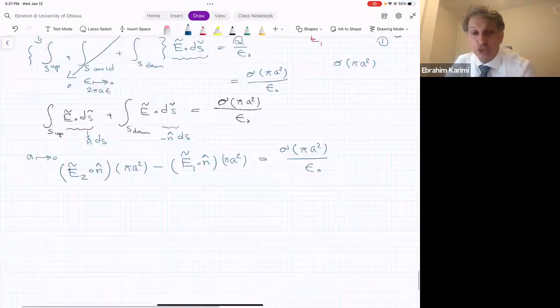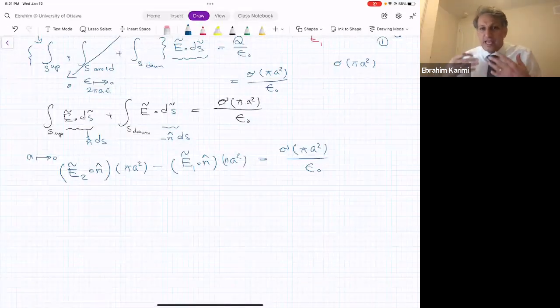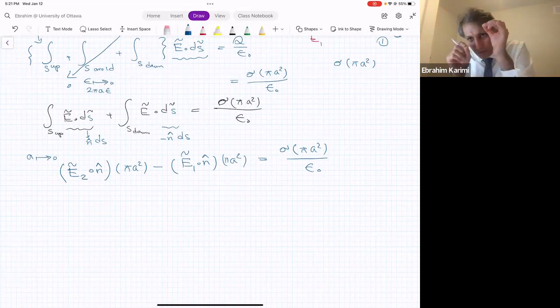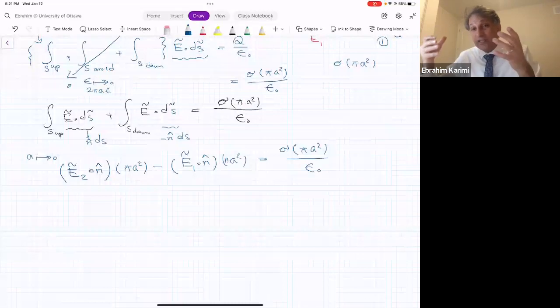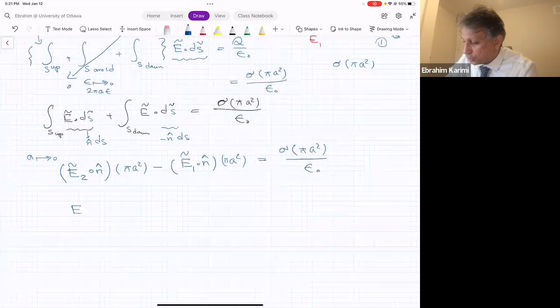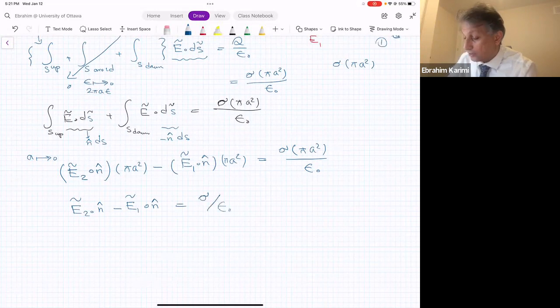Take away pi a squared, because the assumption that A is small is only to get a uniform electric field in that small location. It's not really needed. We assume that just inside of that surface, the electric field is constant. And taking away the pi a squared, we get E2 dot n minus E1 dot n equal to sigma divided by epsilon 0.